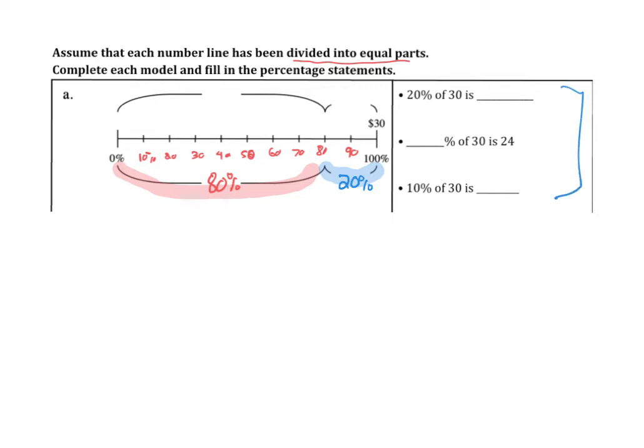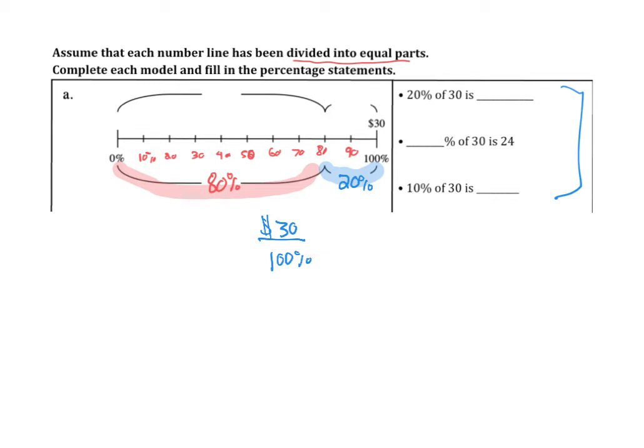So my first proportion, I know that $30 is 100% of this situation. So I'm going to set this up as $30 over 100%.